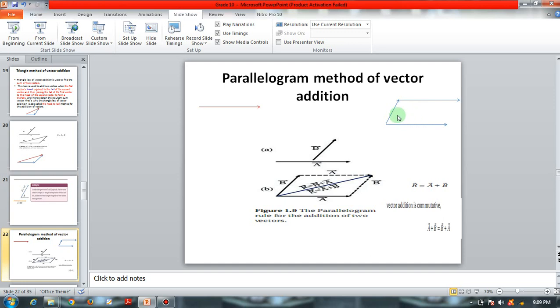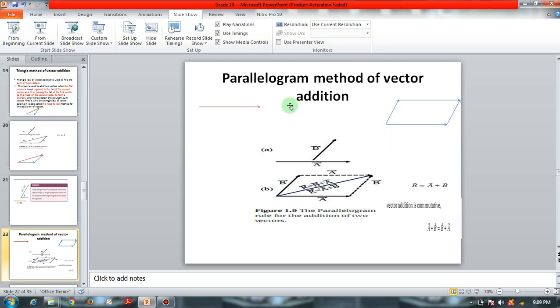Let's draw another vector B, parallel to and equal in magnitude to this vector B. In this fashion, I make a parallelogram.